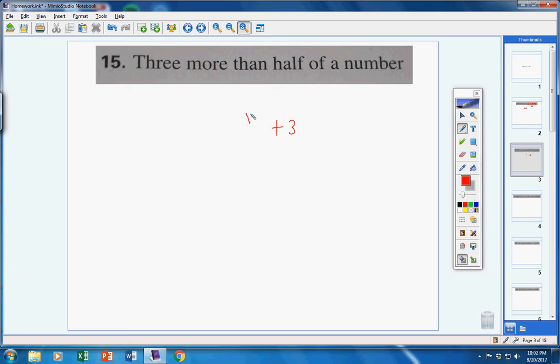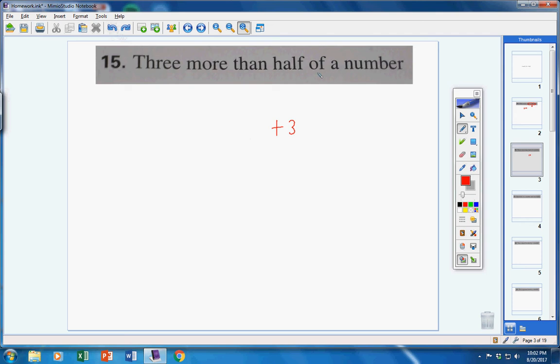You can take a number, x, and cut it in half by dividing it by 2. If I have $20 and I cut that in half, I divide it by 2, I have $10 left. So you're adding 3. It says 3 more than half of a number. So we're adding 3 to half of a number. So we're taking a number and we're cutting it in half.